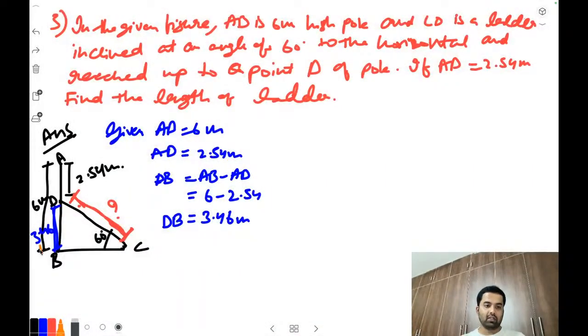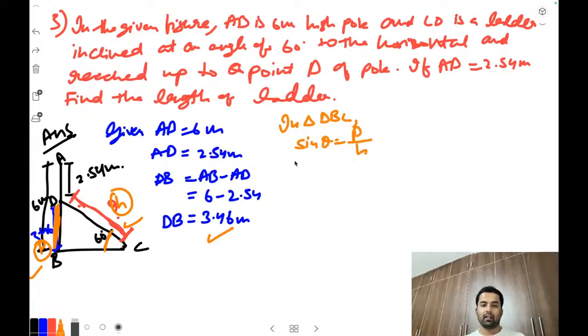As we know, this is our P, this is our H, theta is given. So in triangle DBC, first we subtracted here to get this value, because the DBC triangle we can take. Perpendicular, height. So according to P and H, what are you going to apply? Sine. So sine theta is equal to what?